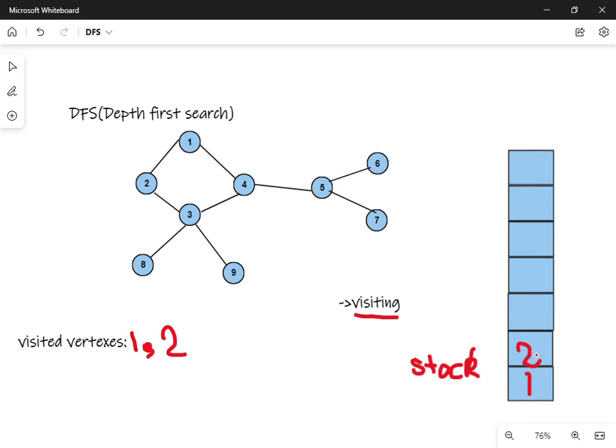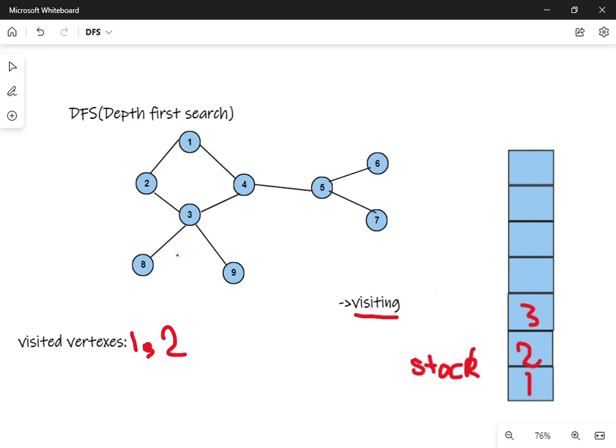Now moving towards the adjacent vertices of 2, which are 3 and 1. 1 is already in the stack. Now move towards 3, because 3 is the adjacent vertex of 2. Here the exploration of 3 is suspended.